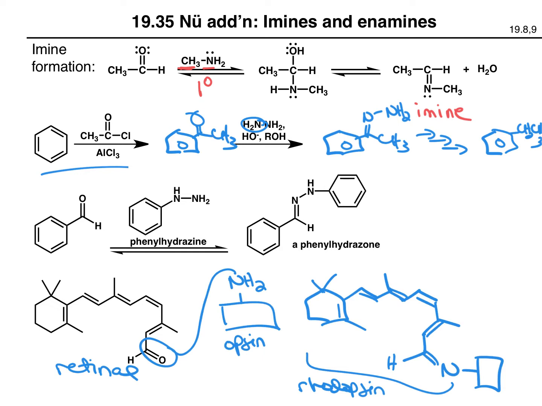This complex is responsible for vision because it will undergo cis-trans isomerization at this particular alkene, which leads to a signal that's transmitted to the brain that leads to vision. So this is probably the best example that shows the importance of imine formation.